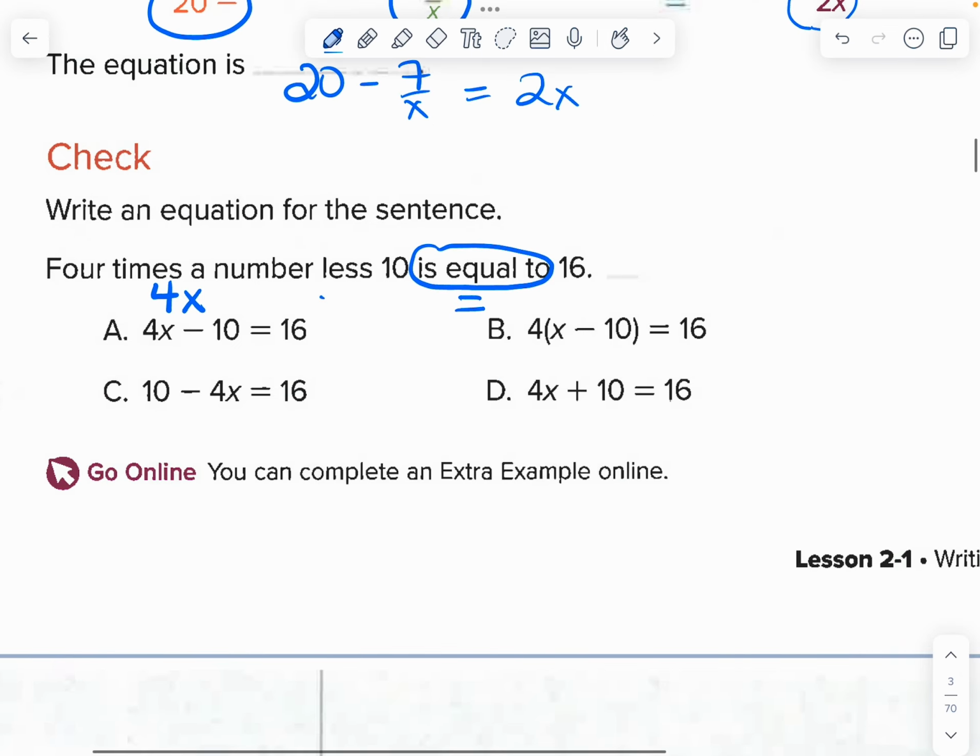Sum means I'm going to be adding. What are the two things that I'm adding? I'm adding those that are on social network, so I had 430 and I had 193. And then those that are not on social network, that would be n. Is is another way to say equals. And the total amount is 799.